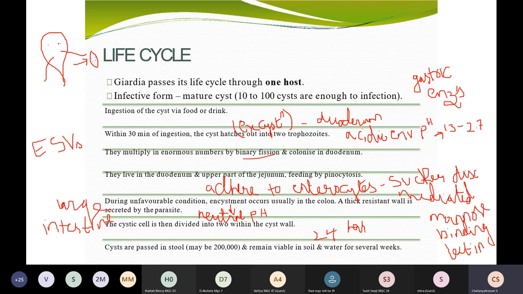In trophozoite, we had drawn only 2 nuclei, whereas in cyst it was 4 nuclei. So that means nuclear division has occurred. When you can see the 4 nuclei, we call these cysts quadrinucleated mature cysts.